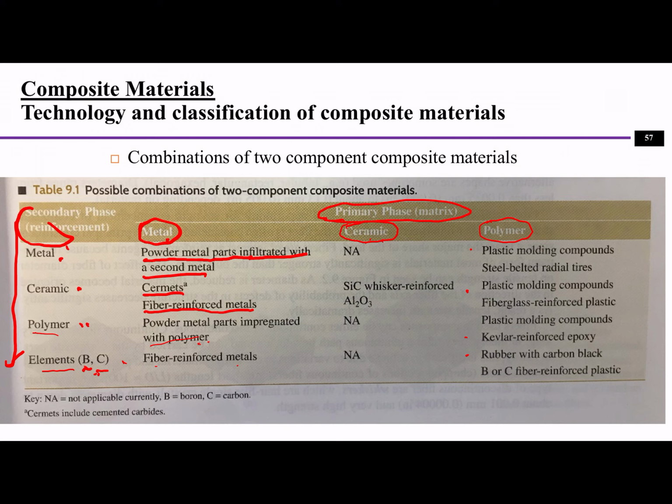Ceramics can only be mixed with ceramic materials. So this is the matrix: what kind of material can be used as a matrix, the primary phase, what material can be used as a secondary phase, and what products are made here.